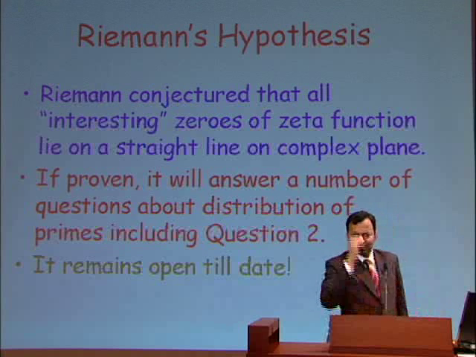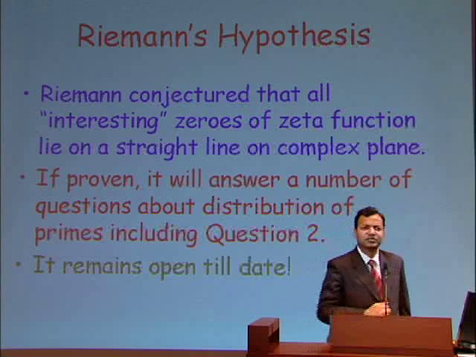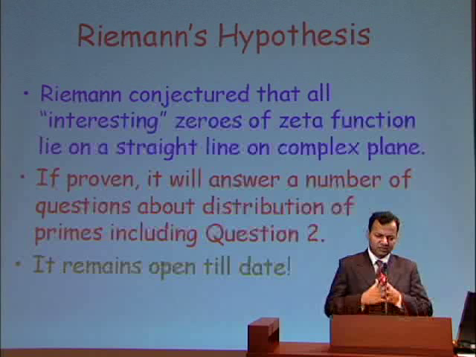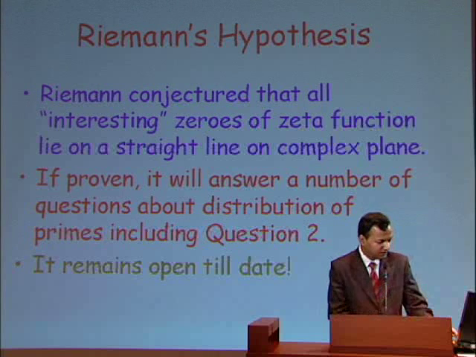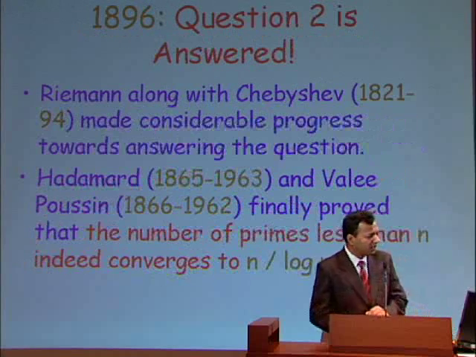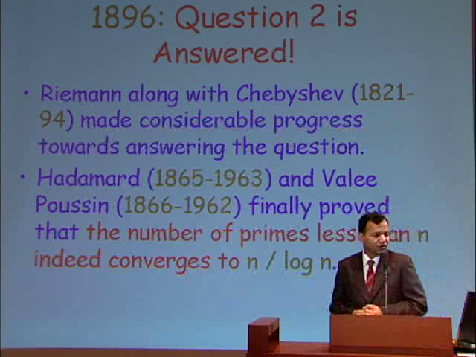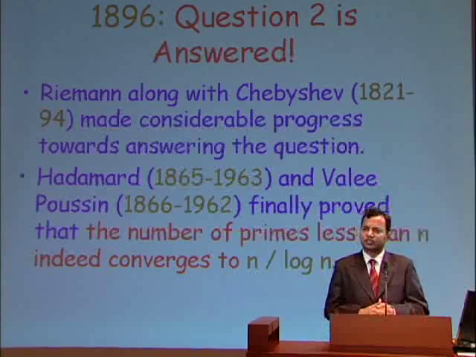But nevertheless, his definition of zeta function and formulation of this hypothesis led to a lot of interest, and many researchers studied the properties of zeta function. And building on the work of Riemann and Chebyshev, finally in 1896, question 2 was positively answered.